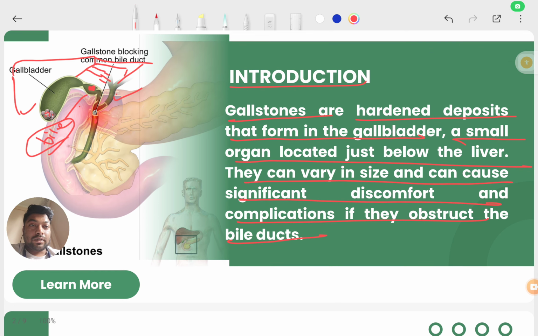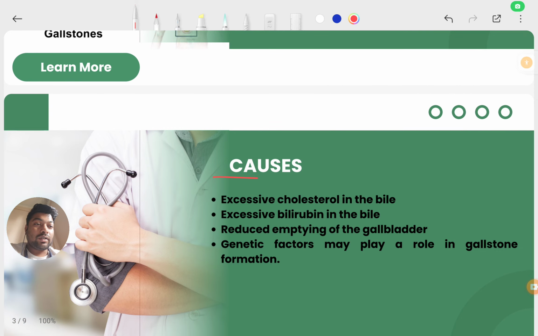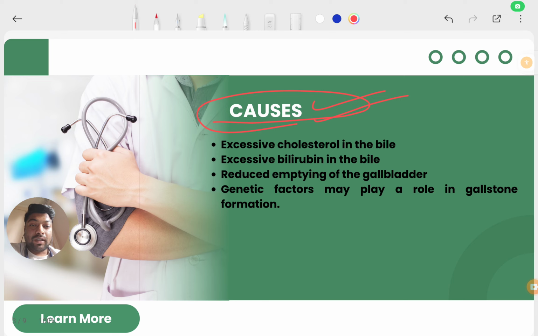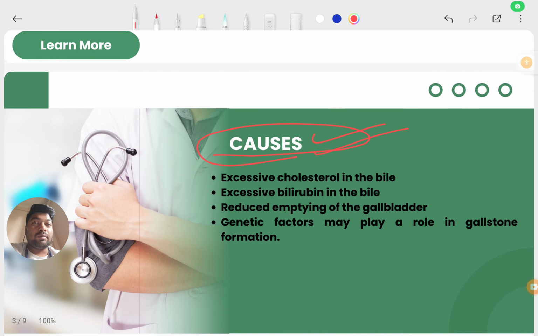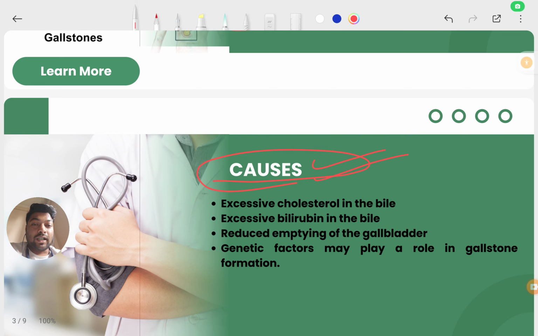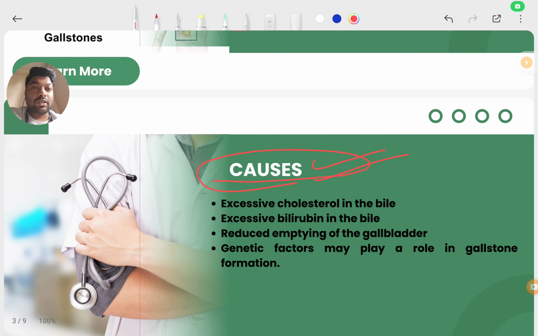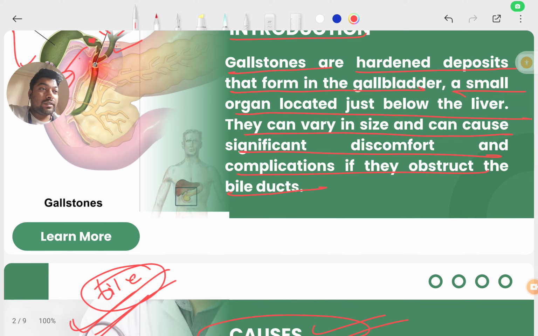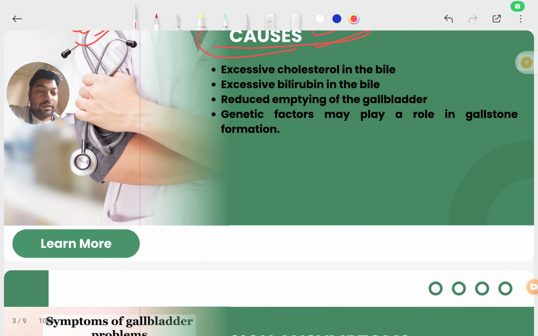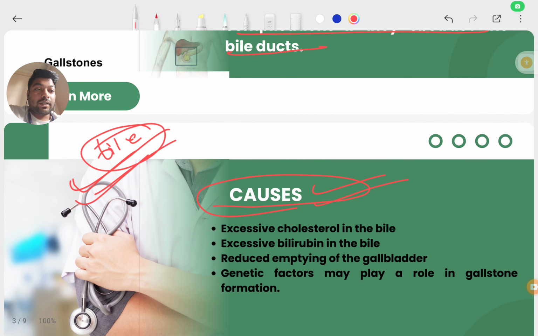Now before talking about the causes, we have to think about why bile is important and how it is formed. Bile is important for digestion in the small intestine, and it is made up of different things like cholesterol.